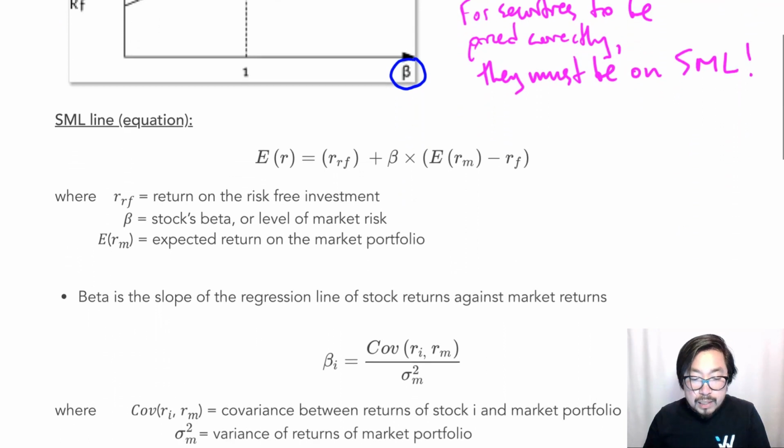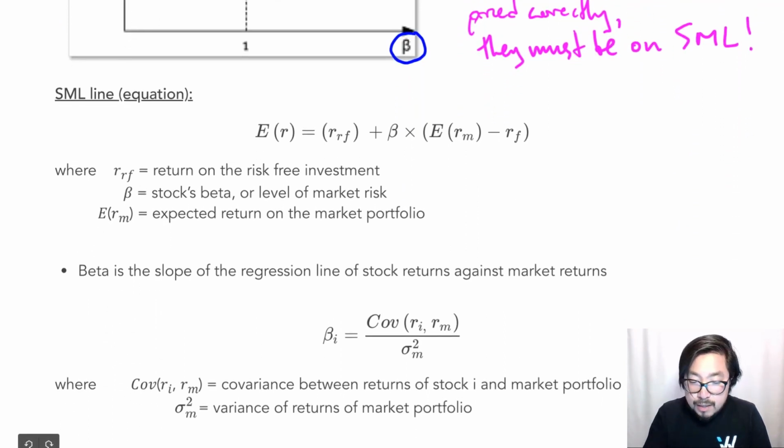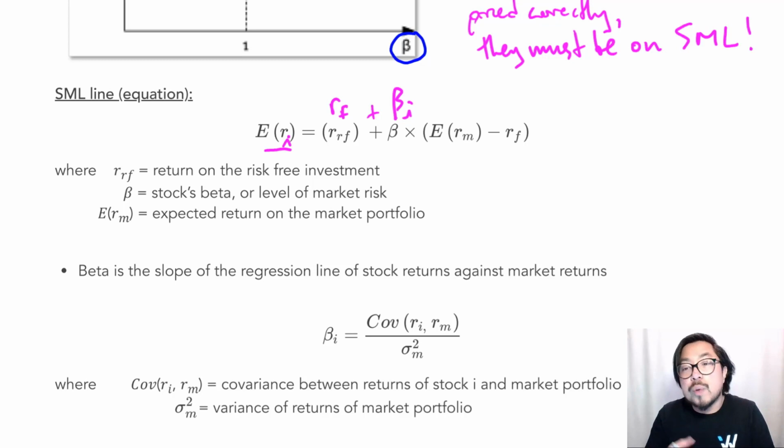The SML line equation is the expected return of asset i equals the risk-free rate plus the stock's beta, the stock's sensitivity to the market risk, how much market risk the stock is exposed to. Recall, the market only rewards or compensates people for taking on non-diversifiable systematic market risk.